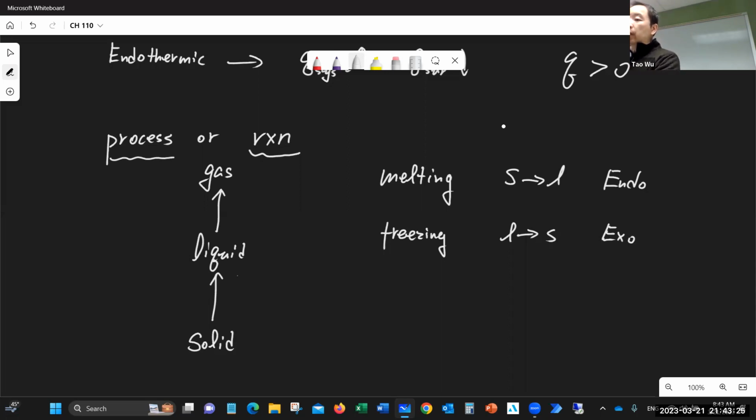So for phase changes, we have six different phase changes. Melting and freezing: solid to liquid, liquid to solid. Let's be clear about this.